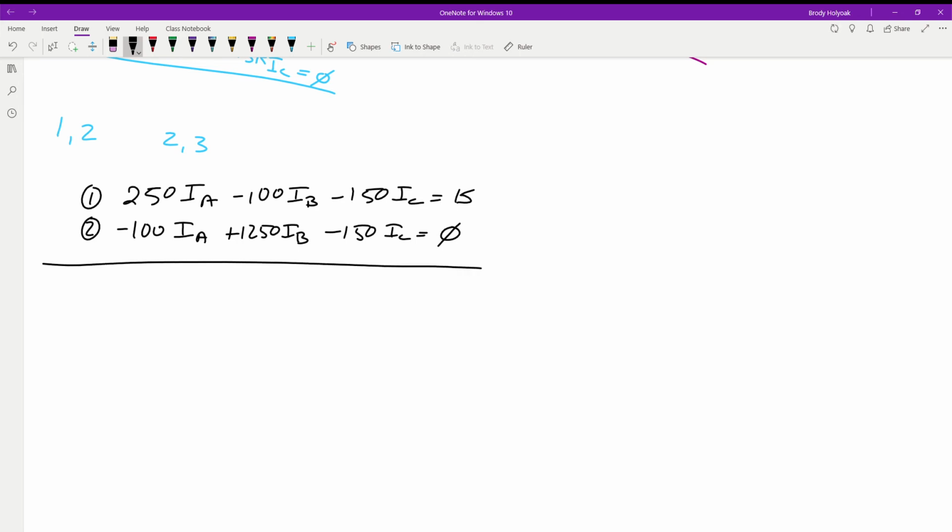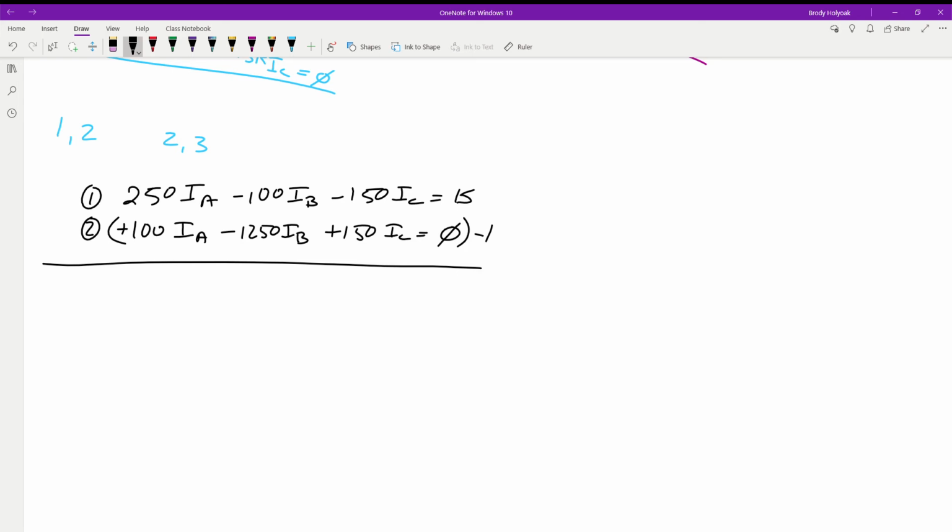So getting rid of IC, what do we need to do? Like what Max was saying, we need to get rid of the ICs, make them equal magnitude, opposite polarities. We multiply this whole thing by -1. That's going to make the 150 IC positive. This is going to change this guy to negative on IB, and we're going to change IA to positive.